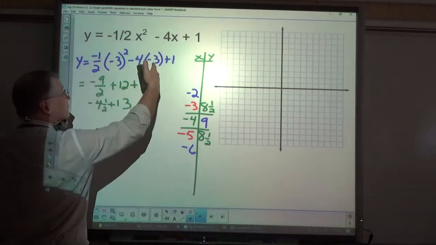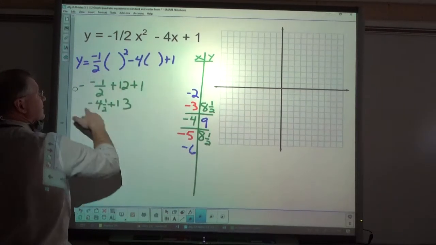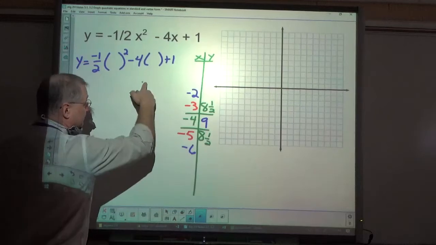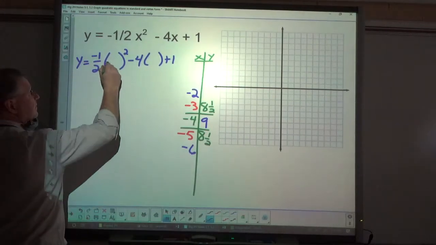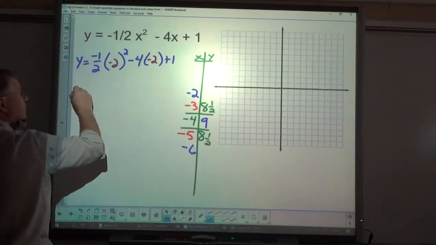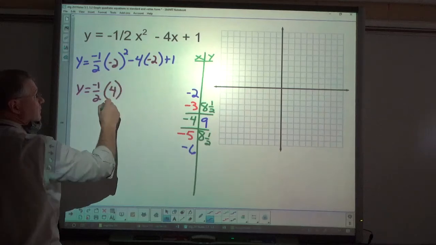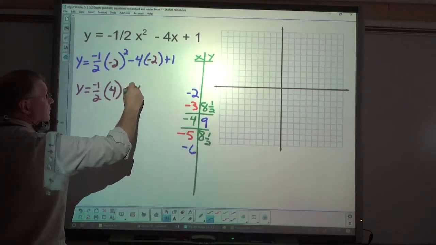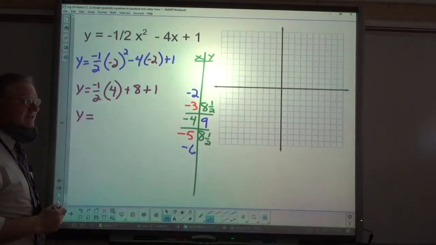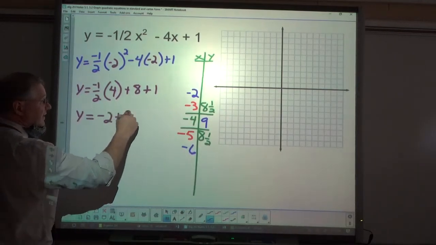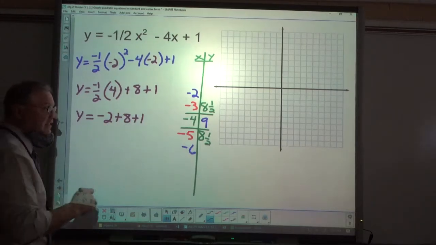So let's erase in here and see if we can get that. Let's fill it in with -2, 4. Let's see, -1/2 times 4 is -2 plus 8 plus 1. So that's 9, and -2 makes -7.